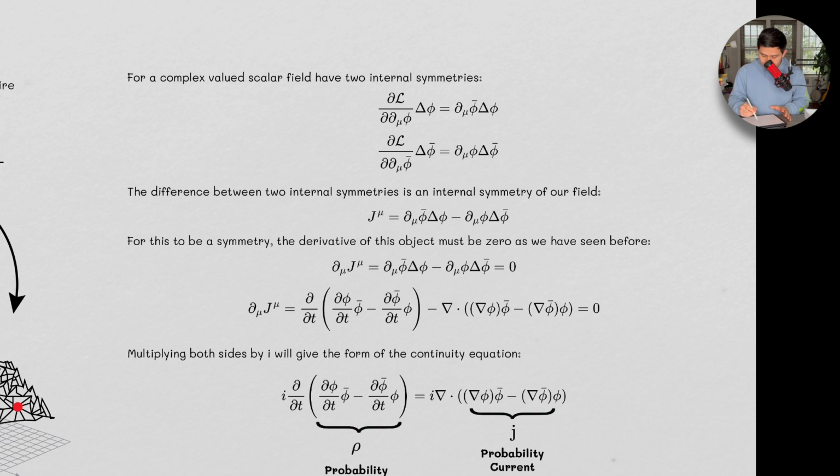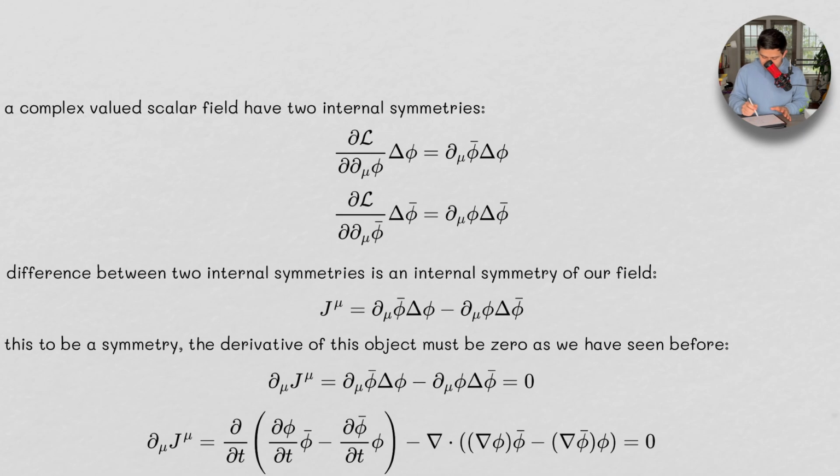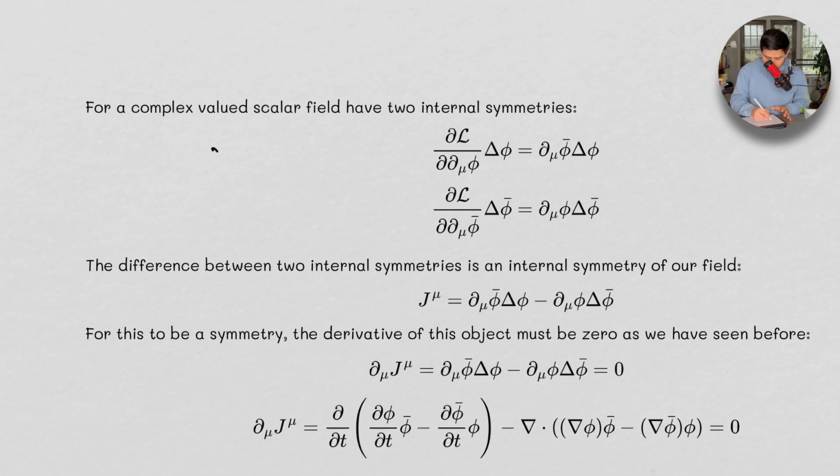Initially we just looked at a real valued scalar field, and we had our Lagrangian density with respect to d mu.